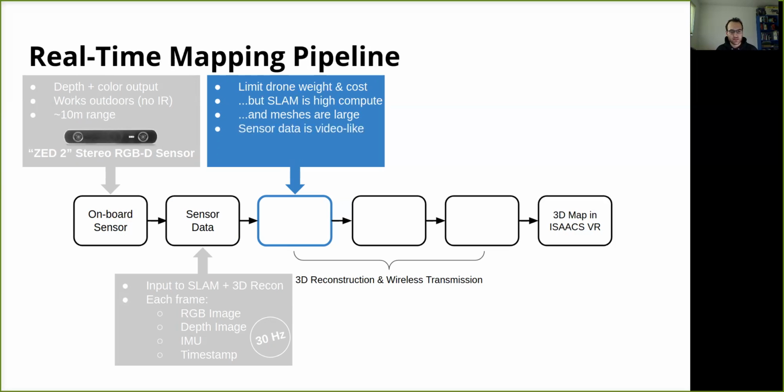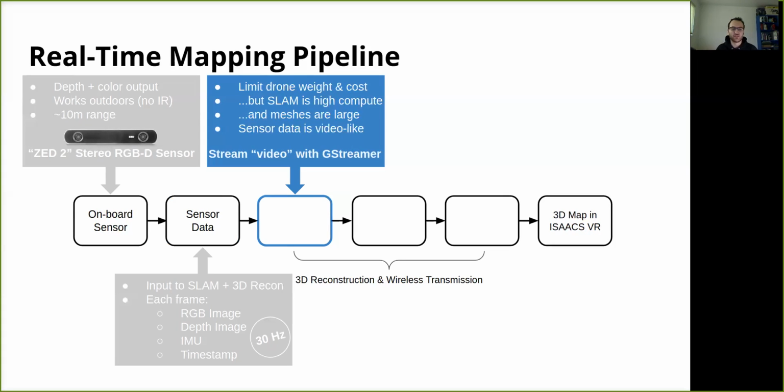Well, we can notice that our sensor data is looking a bit like a video. If you're looking at the 30 hertz data that's being sent, it's images and it's metadata. So those images are very much like a video. And so we're going to go with a way to transmit videos, which is already tried and proven.